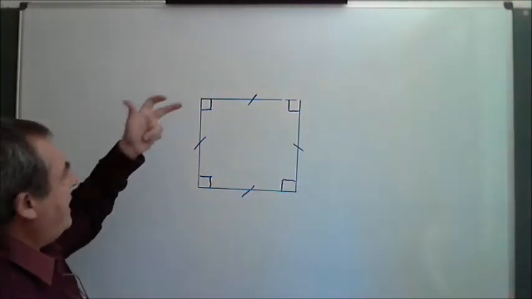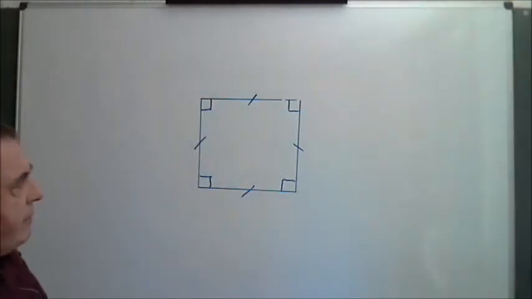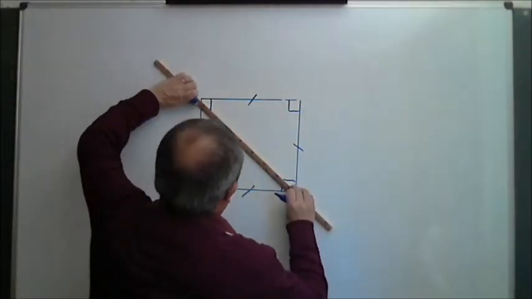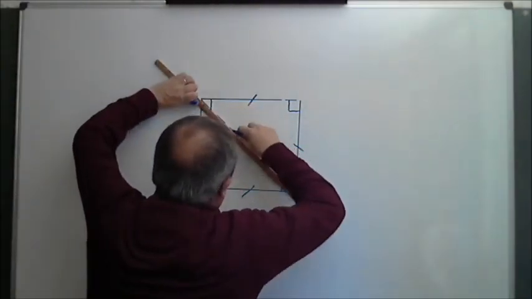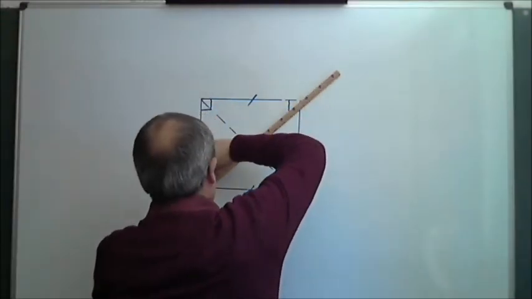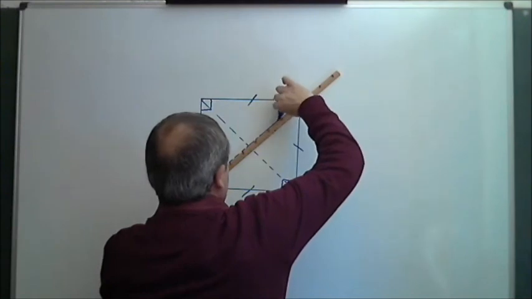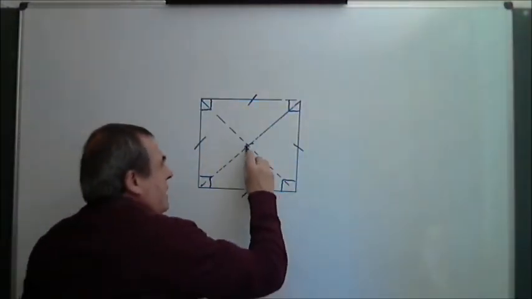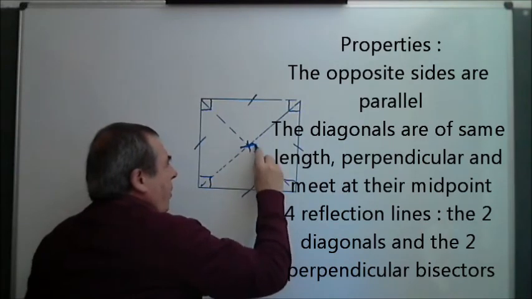You can observe that the opposite sides are parallel. You can observe that the diagonals here have the same length. They meet at the midpoint.